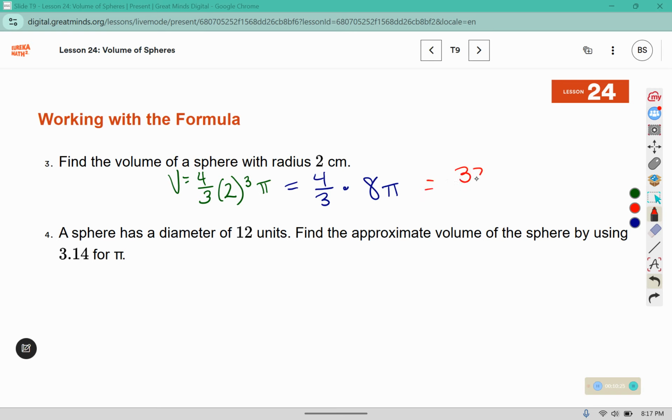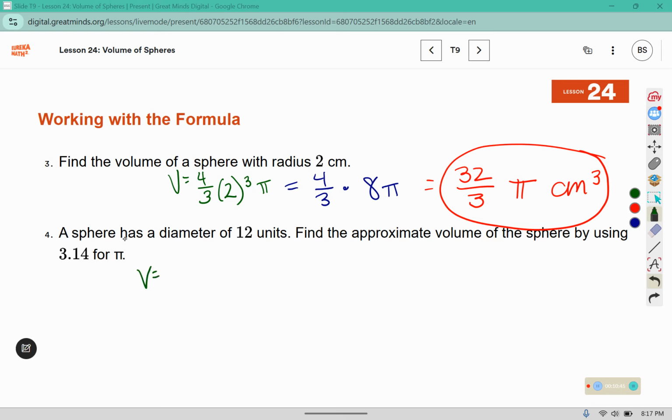So this is 32 over 3 with the pi symbol, and that's in centimeters cubed because volume is three-dimensional. It does not ask us to approximate, so we're leaving our answer in terms of pi.